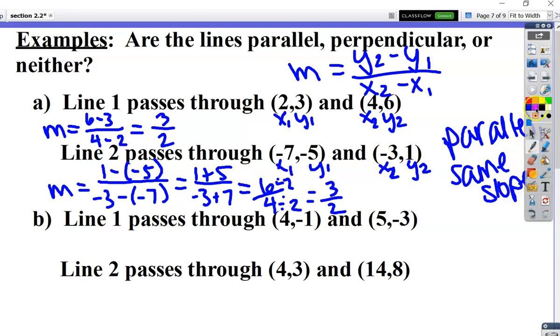So let's try another set of points. For example B, we have that line 1 passes through 4, negative 1, and 5, negative 3. Plug it in. I changed it to plus 1 because we're subtracting a negative.